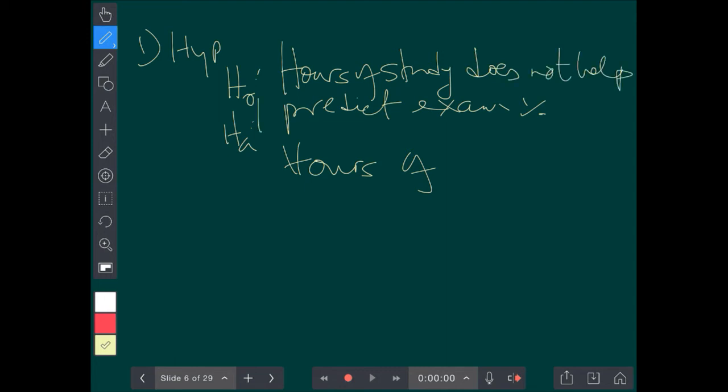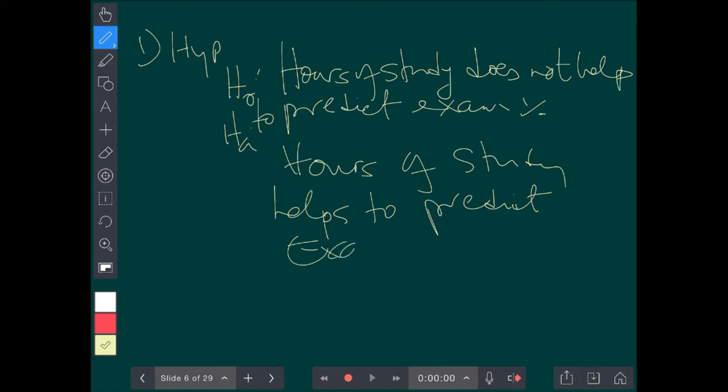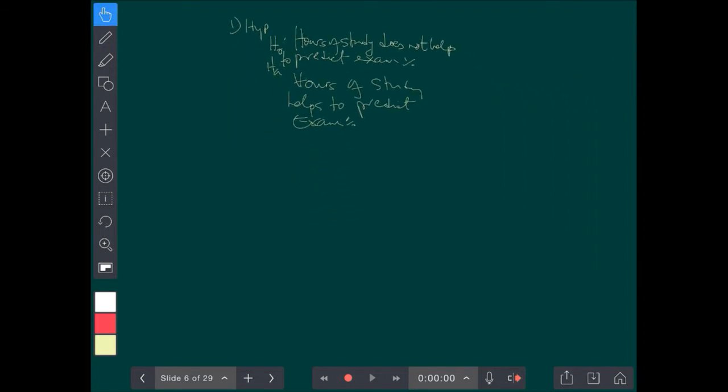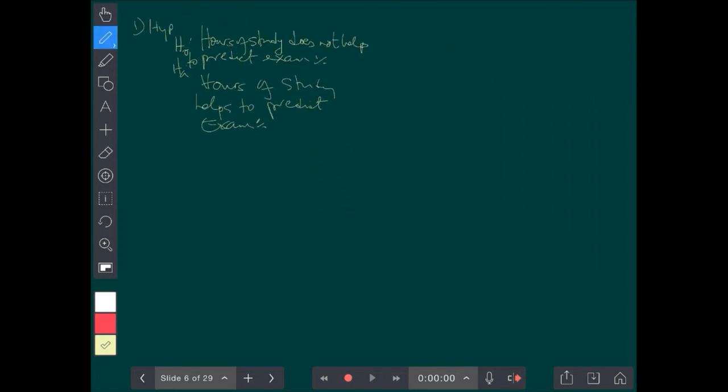Consistent with that would be H0: beta 1 is equal to 0 if it does not help, but if it helps, HA: beta 1 is non-zero.